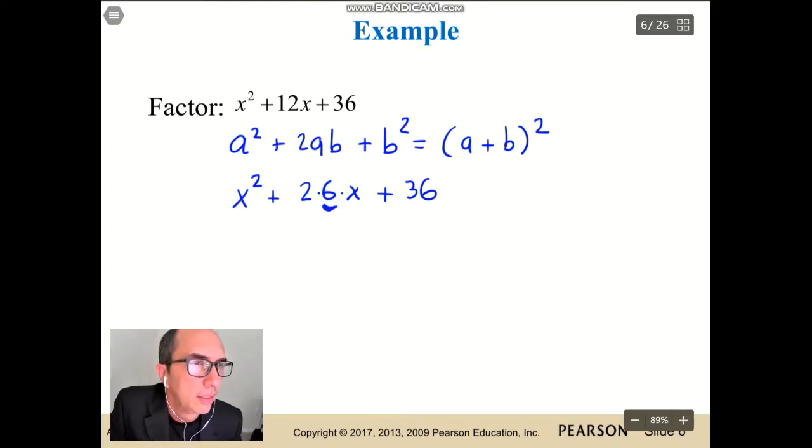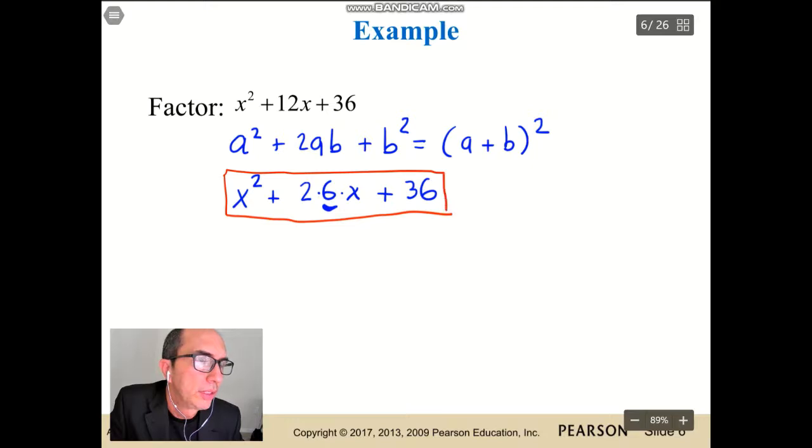And we can confirm this is in the right form to be factored, and we can rewrite it as x plus 6 squared.